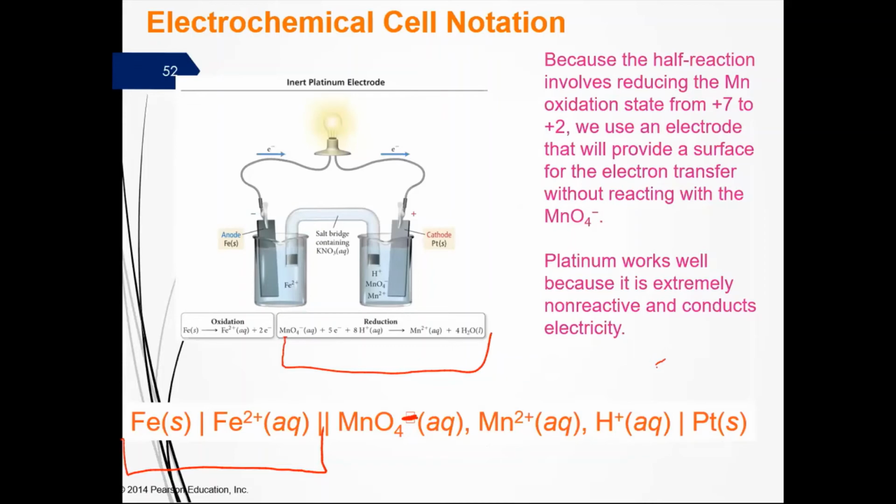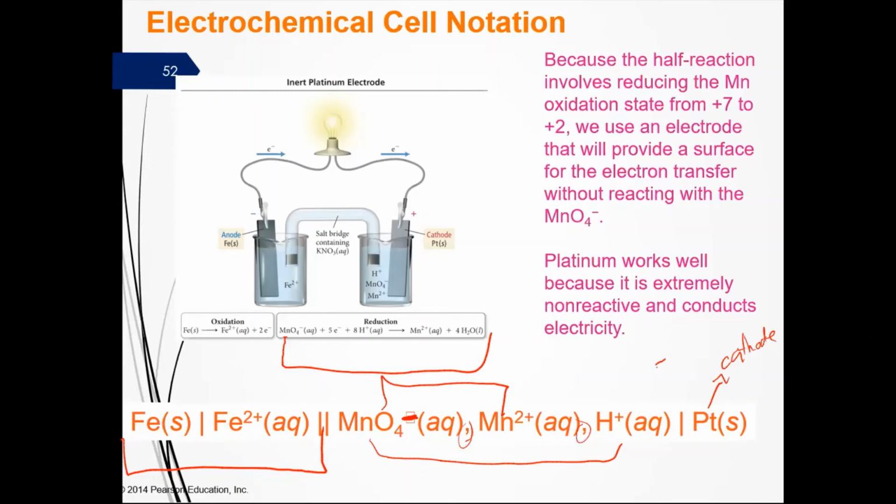We had our permanganate, MnO4-, going to our manganese. And so we have all three of those things inside of our solution, right? And so you can see our commas being involved to separate our different ones. We can also see that this is our reduction process right there. We have that H+ because we had that acidic solution. And then we can see here that this is going to be our cathode.